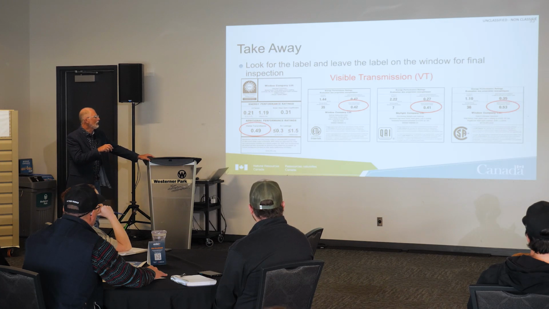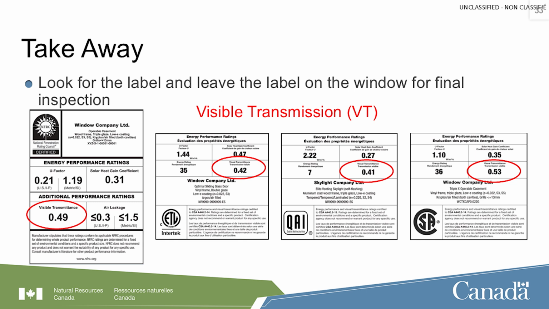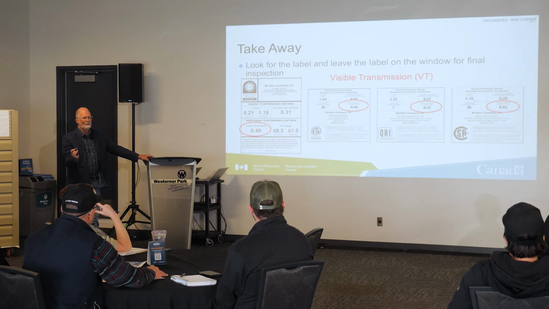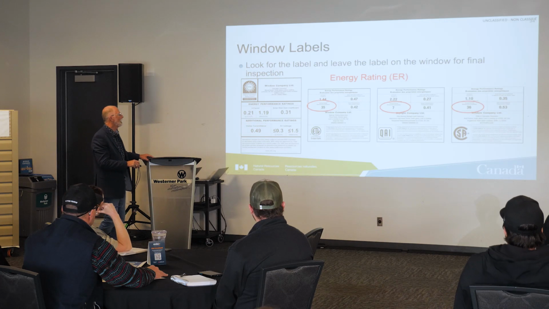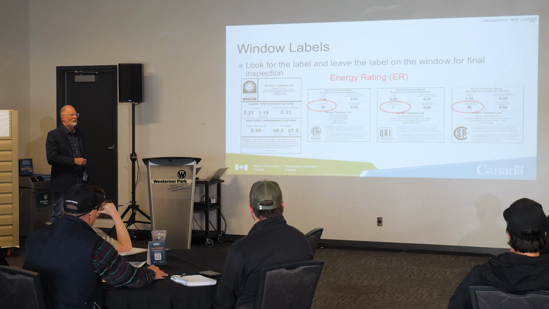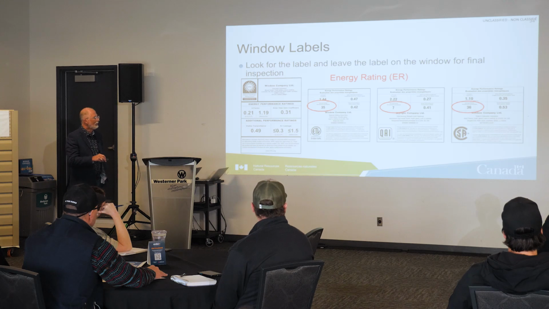If I'm looking at the visible transmittance, this one's getting pretty dark compared to a 53, but really only if you're comparing it side by side. So those are factors you want to take into consideration. And then the energy rating, if you were putting this window in a cold climate, this is not going to perform very good at all. That's a terrible window in a cold climate. So those are the factors.